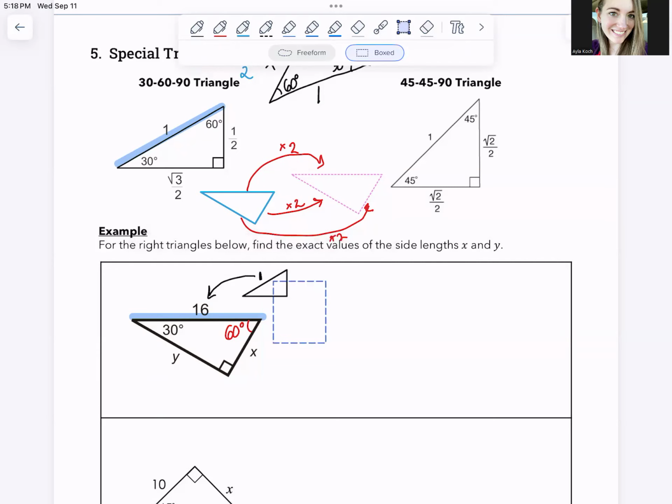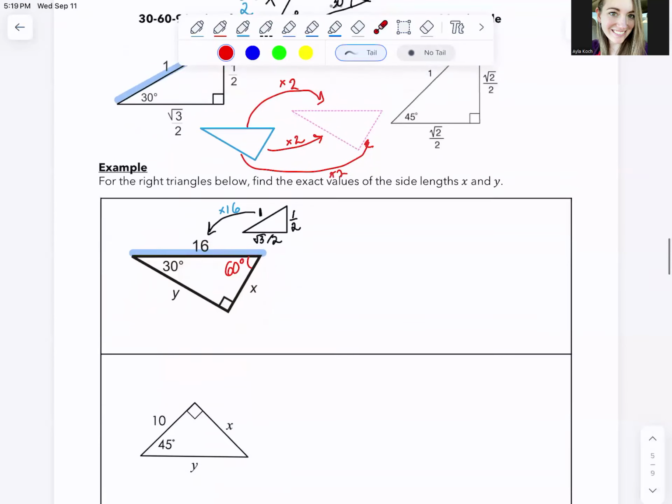This is a 1/2. This is a square root of 3 over 2. So what do we multiply 1 by to get 16? We multiplied 1 by 16 and we got 16.